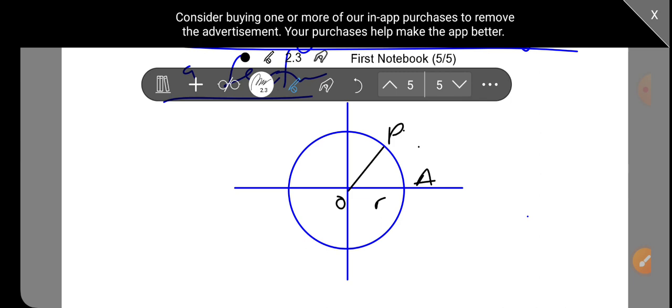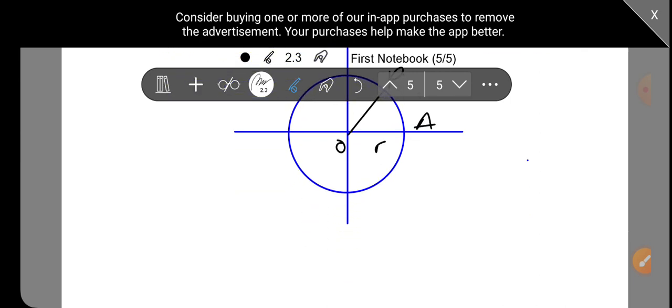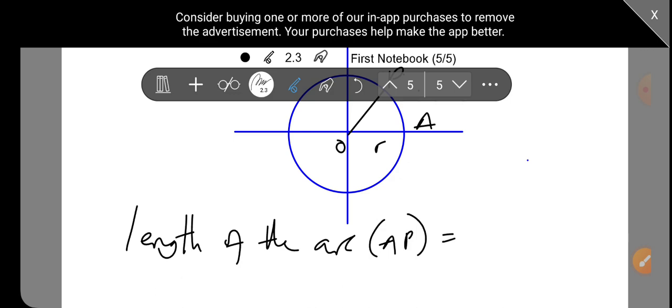So to find the length of the arc, let's say you want to find the length of the arc AB.